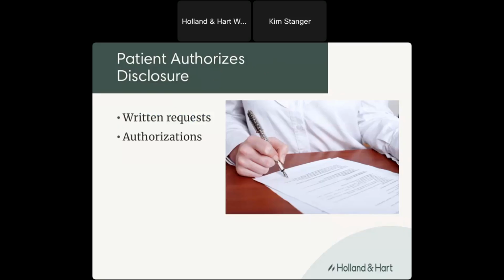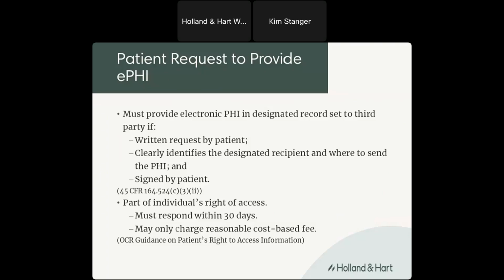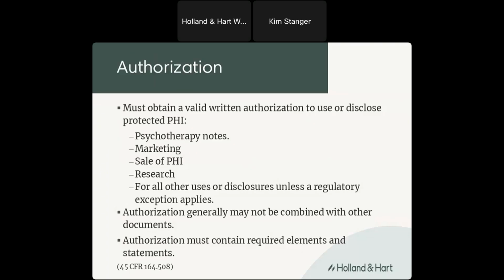All right, so let's back up. Big picture, HIPAA generally says you can't use or disclose protected health information unless you fit within a HIPAA exception or you have the patient's authorization. Well, what does it take to have a valid patient authorization? Generally, in order for it to be valid, the patient or the patient's personal representative has to sign a written document.